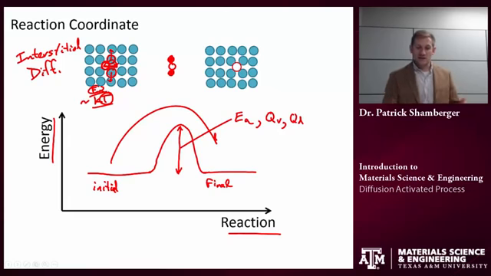That's because a higher temperature means there's more energy in the system. These atoms have a lot more motion, a lot greater vibrations involved. And it's more likely that this one will vibrate up, this one will vibrate down, and this middle one will have an opportunity to squeeze through and move from the site on the left to the right. So remember this ratio, the activation energy over kT.